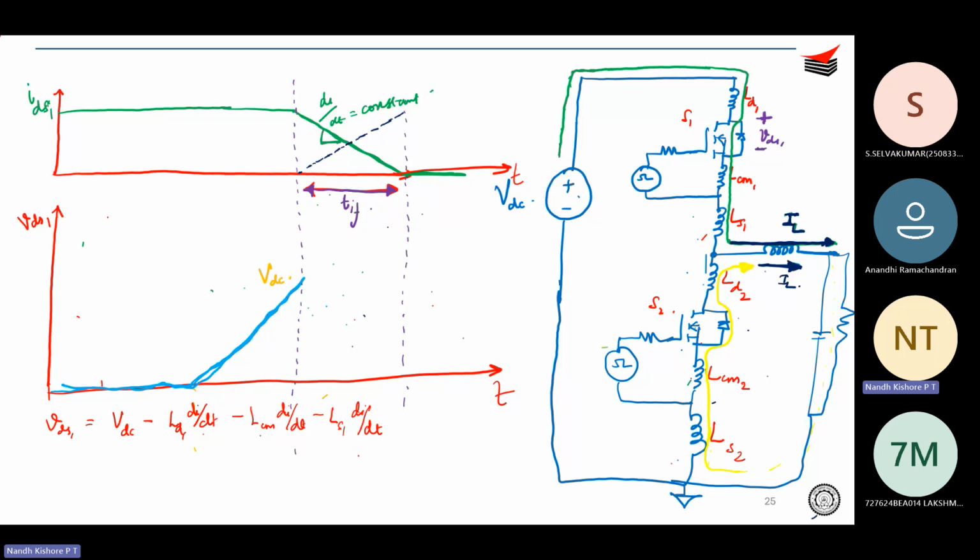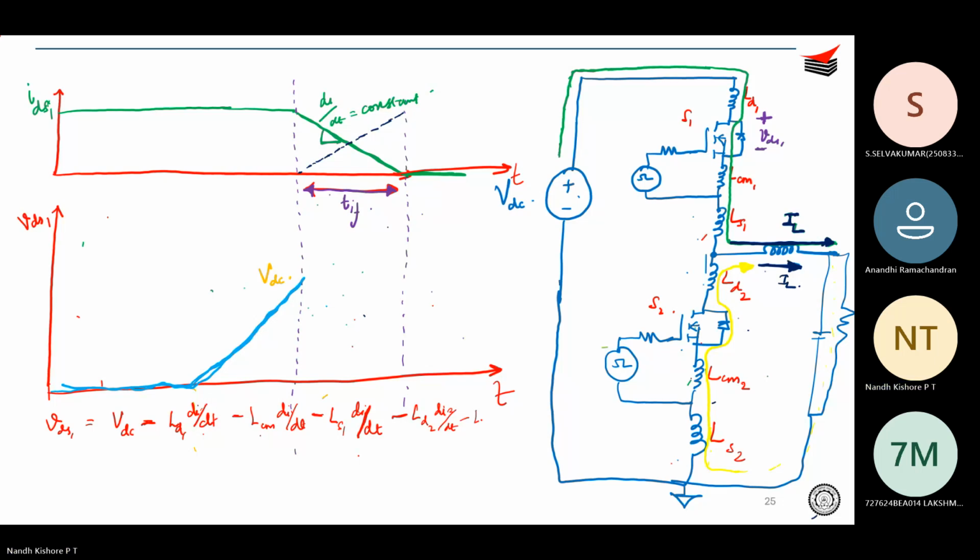Then minus LD2 di by dt. So I should write this as di1 by dt everywhere, and this will be di2 by dt.